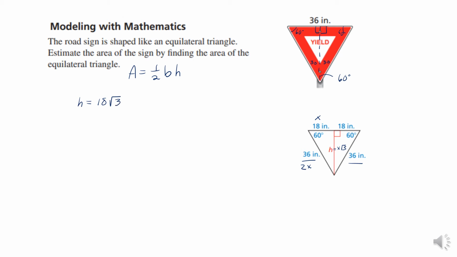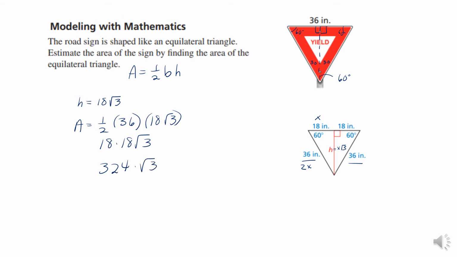Okay, so now we're going to say the area equals 1/2, go back to your original base, times the height. And that gives us 18 times 18 square root of 3, or 324 times the square root of 3.